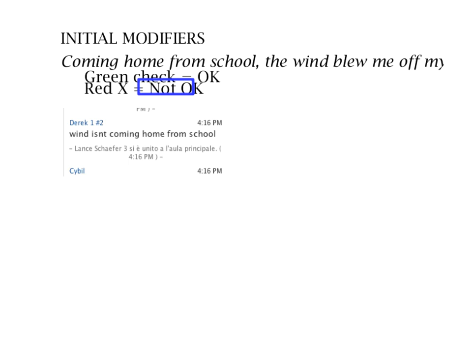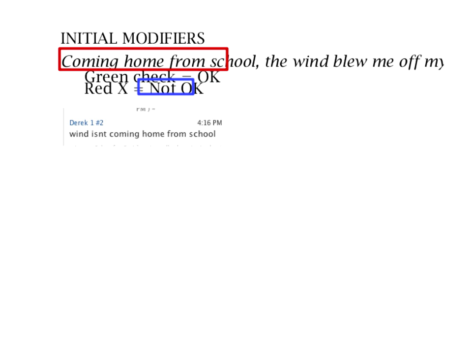So let's talk about what's going on here in general. We have this thing at the beginning that is a modifier. Make sure you know what modifiers are. Modifiers are pieces of sentences that are not complete sentences by themselves. In other words, they have to actually stick to something or describe something. If you have a modifier like coming home from school, it's got to describe who's coming home from school.